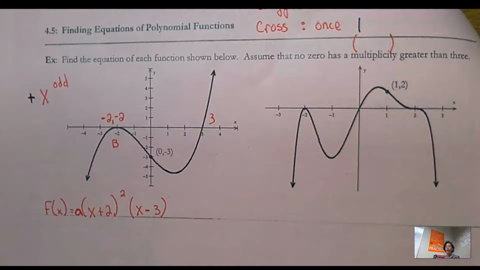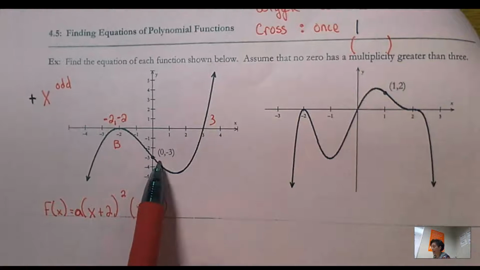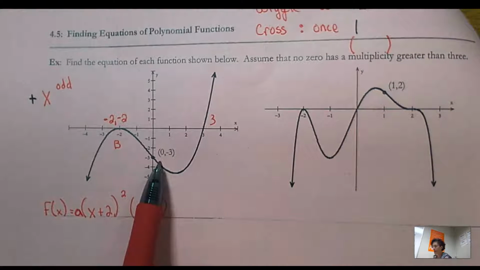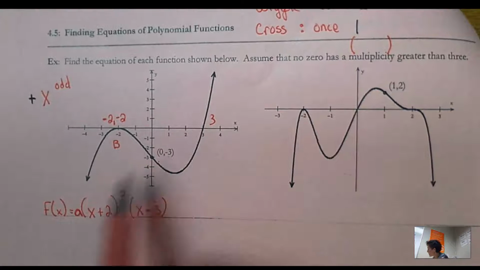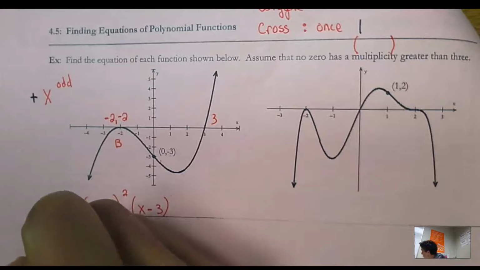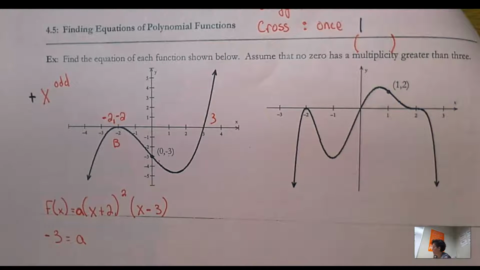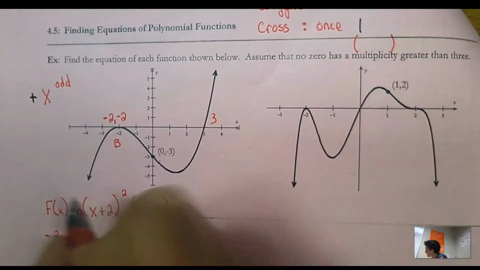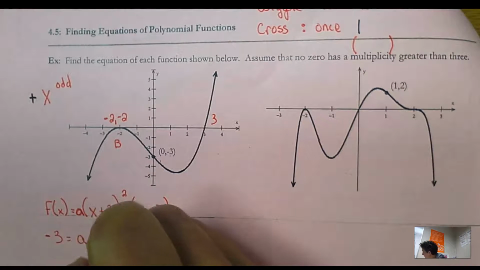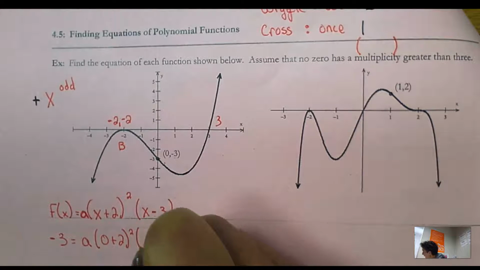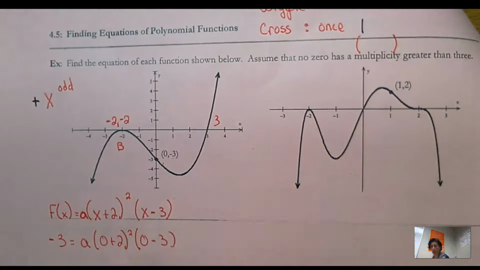So to figure out that a, what I'll do is take the extra point that they gave me, and we've done this before, and I'll put this in for f of x, which is y, because that's my y value. We will do some math to figure out a, and then for the x's, I'll put the 0, and then I'll solve for a.